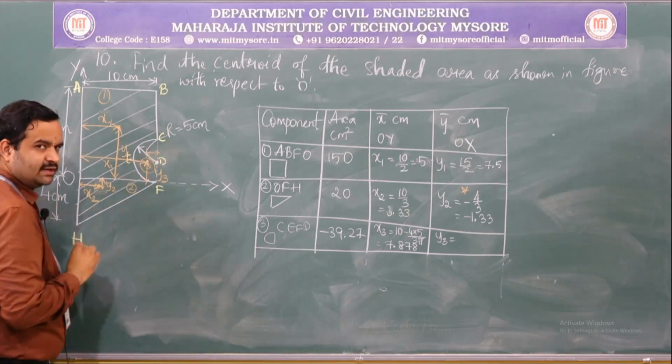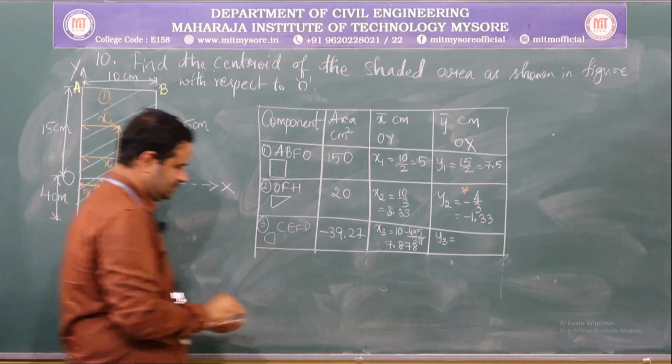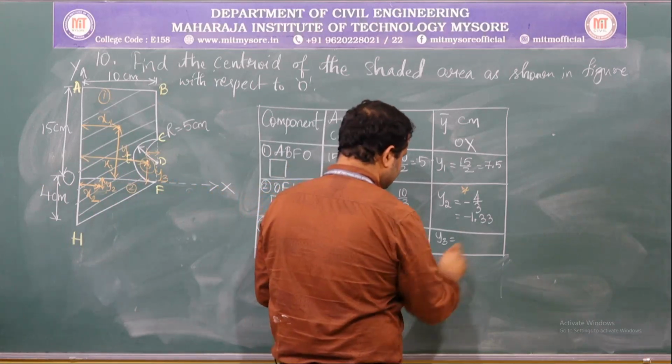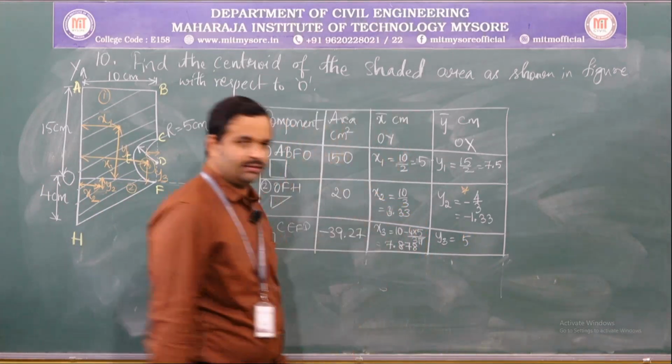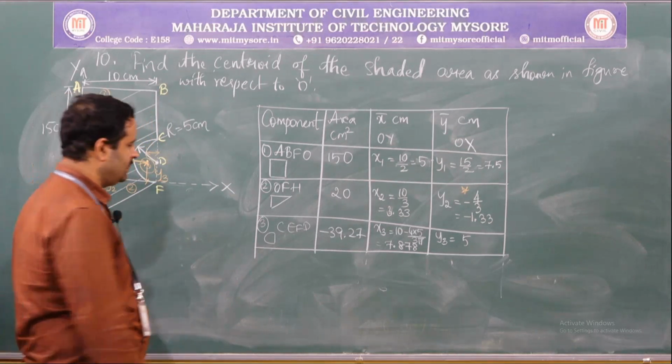What is this value? Equal to radius. Radius is 5 centimeter. Now, you have all the values to calculate x bar and y bar.